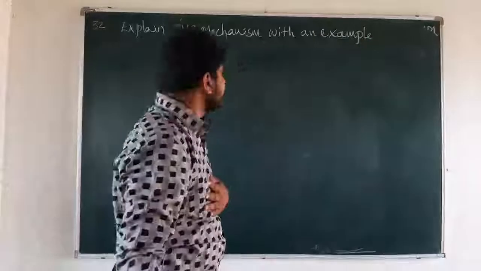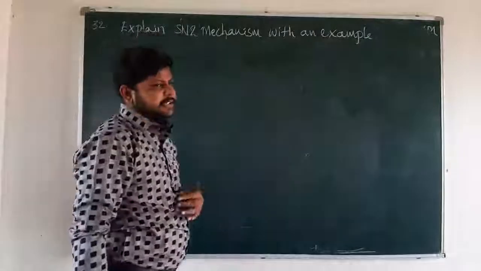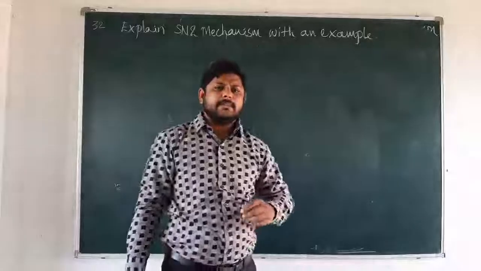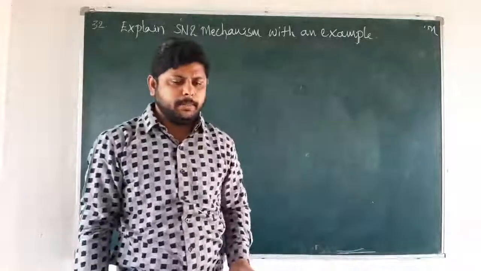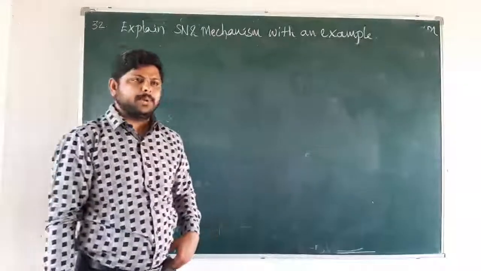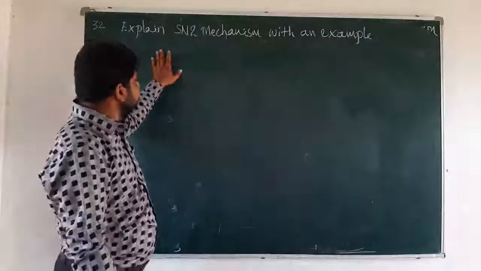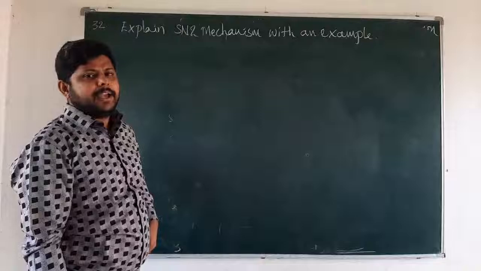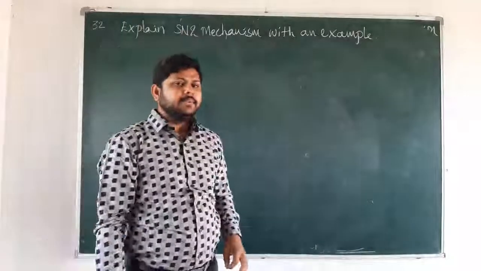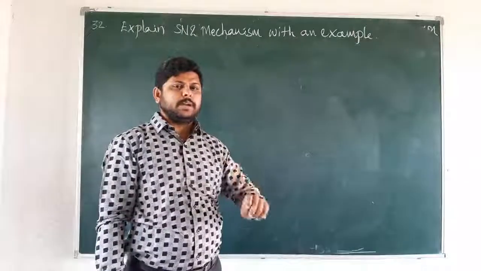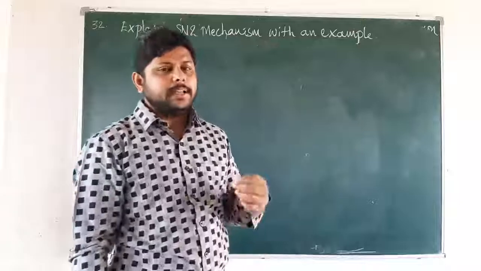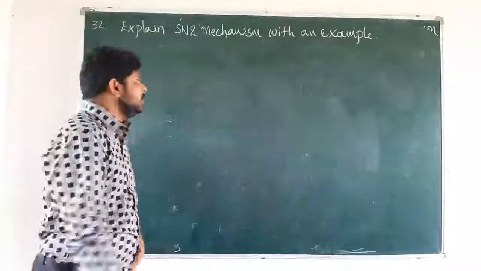Or else they will ask, explain SN2 mechanism by taking the example of methyl bromide. Or they can also ask, explain SN2 mechanism in the conversion of methyl chloride into methyl alcohol.